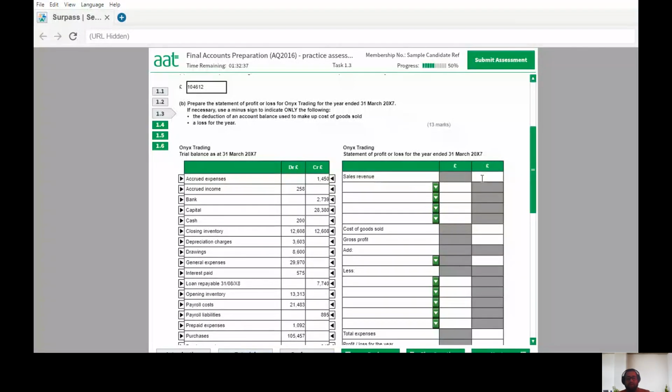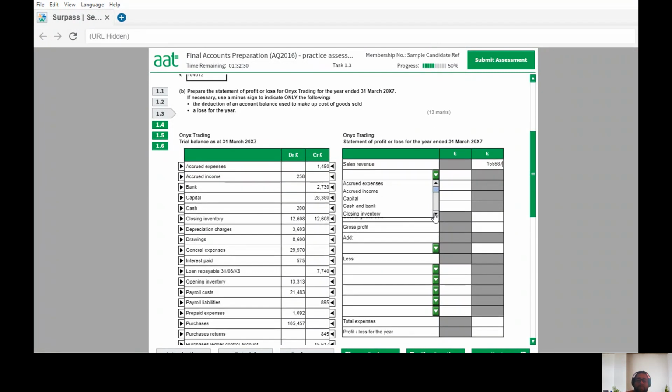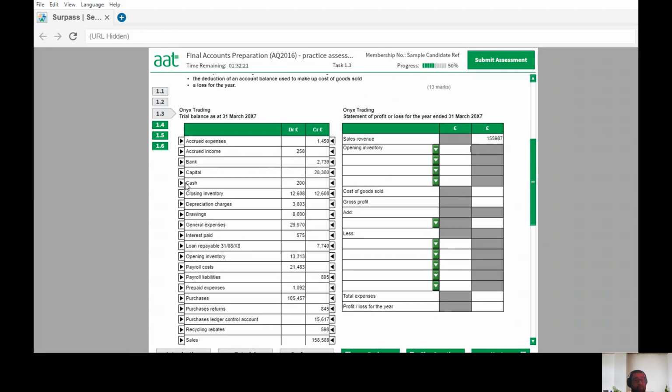Okay, so here, sales revenue 155,987, and then we also already know the opening balance of inventory. So we're just going to put that down here. First, we choose what are the things that need to go into my profit and loss statement.